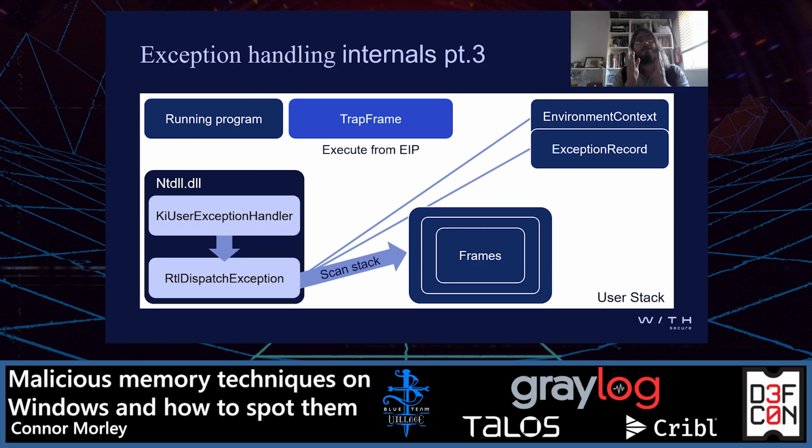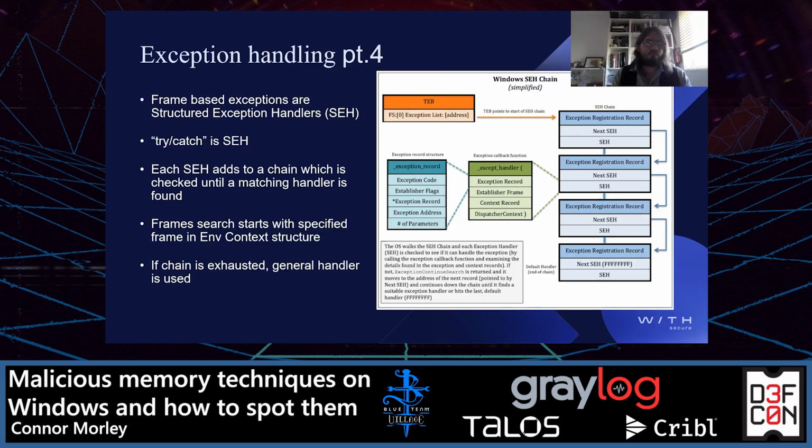But if not, it will move out and out through all the frames containing it until it will reach the end of the exception frames or the exception lists. And if it does that, it then turns into a general exception, which normally causes the program to crash. So I've been saying frames and exceptions, but frame-based exceptions are actually what we call structured exception handlers, or SEH. So a try-catch block is an example of an SEH.